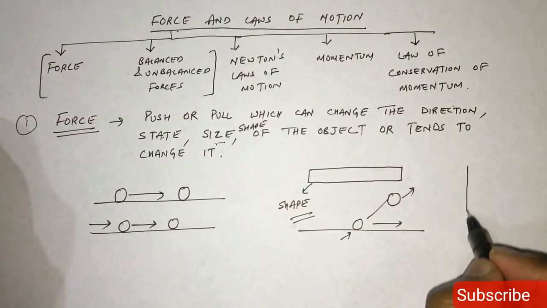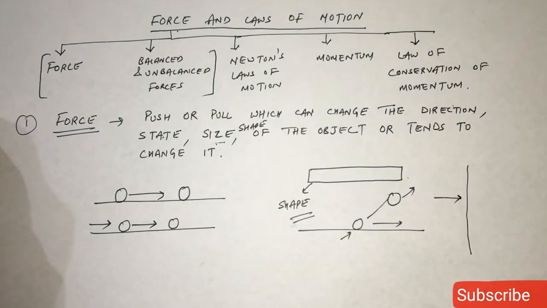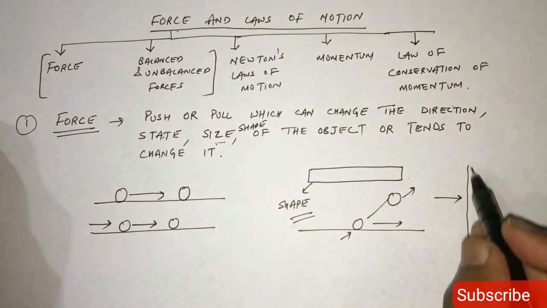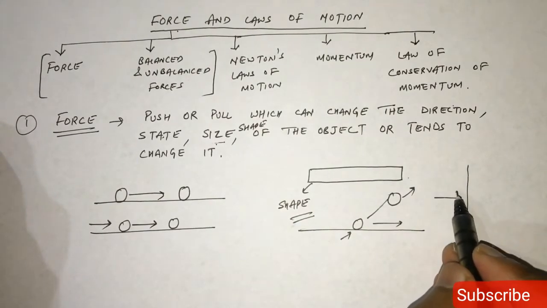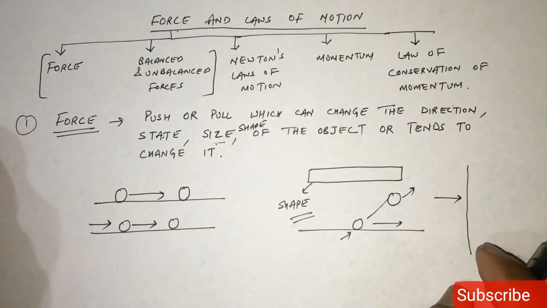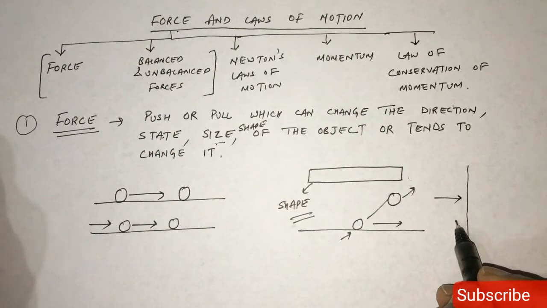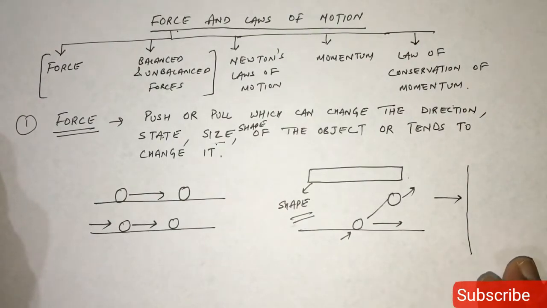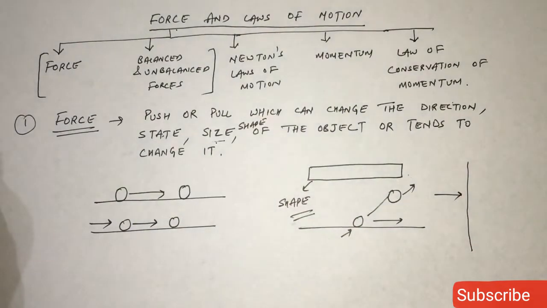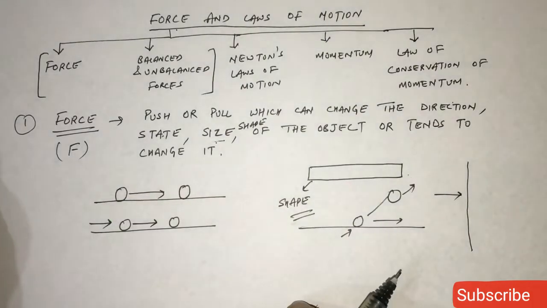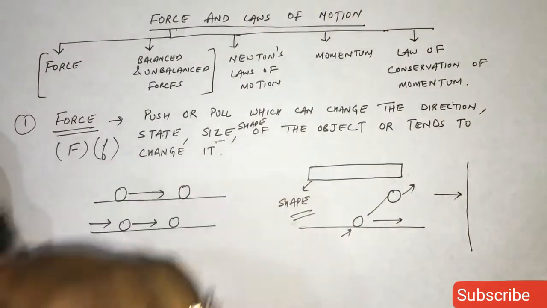Suppose you are applying some force on a wall, but you can't change the position, state, shape or size of the wall, but you try to change the shape of the wall. That is also force. Whether you can change or tends to change the shape, size, state, or direction of the body, that is force. Force is denoted by capital F, or small f. Clear?